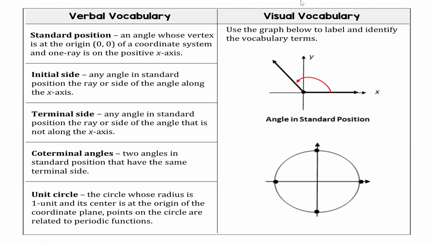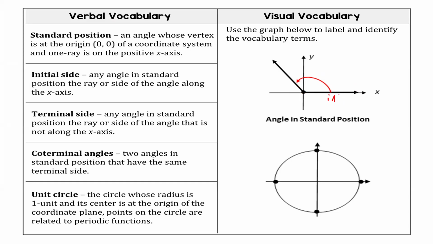So we're going to review some vocabulary about trigonometry and important words that you'll be hearing me say. So, standard position. An angle's vertex is at the origin, so it's centered at the origin, and it rotates counterclockwise. So this is an angle in standard position. Your initial side is the side that doesn't move.